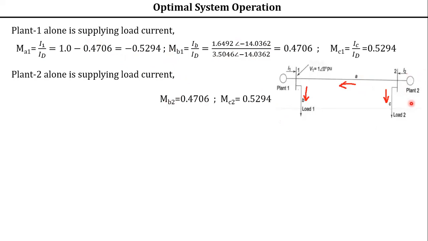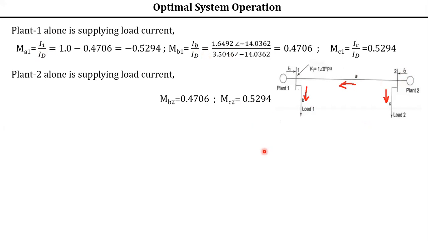When plant 2 alone is operating, the plant 2 current, that is I2, is equal to the sum of the load current. When you use this ratio, I2 by ID gets cancelled, so I2 will be 1. That is the current distribution factor in this segment. Tushar has given the answer.